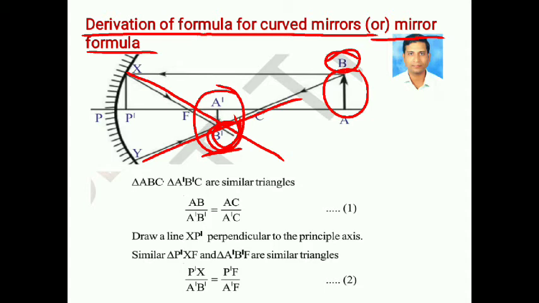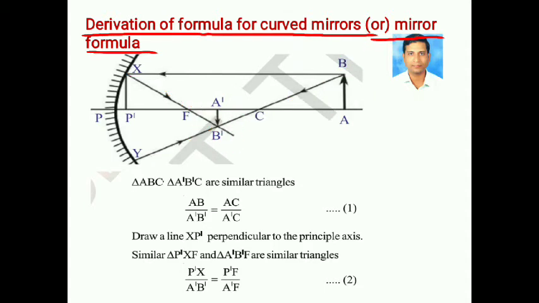From the above figure, there are two similar triangles, ABC and A dash B dash C. According to similar triangle properties, height by height is equal to base by base.